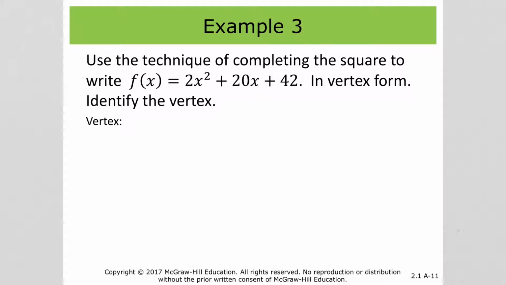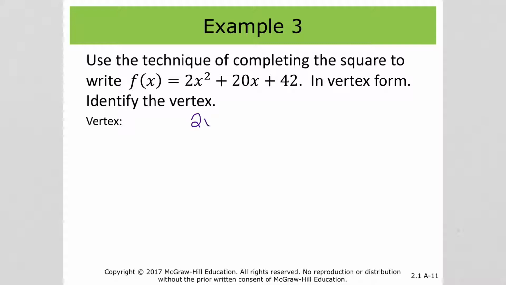Okay, what if we have an equation in this form, in the form ax squared plus bx plus c, but we want to get it in vertex form? Well, that's where we're going to complete the square. So we've done this before. So let's look at it again.